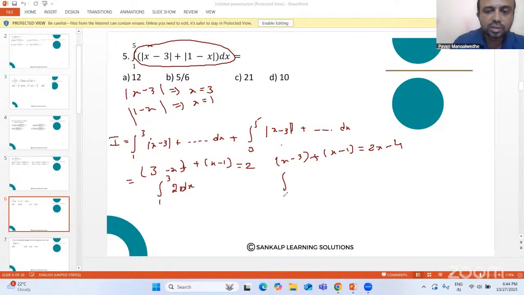So it is the integration from 3 to 5 of 2x minus 4 dx.